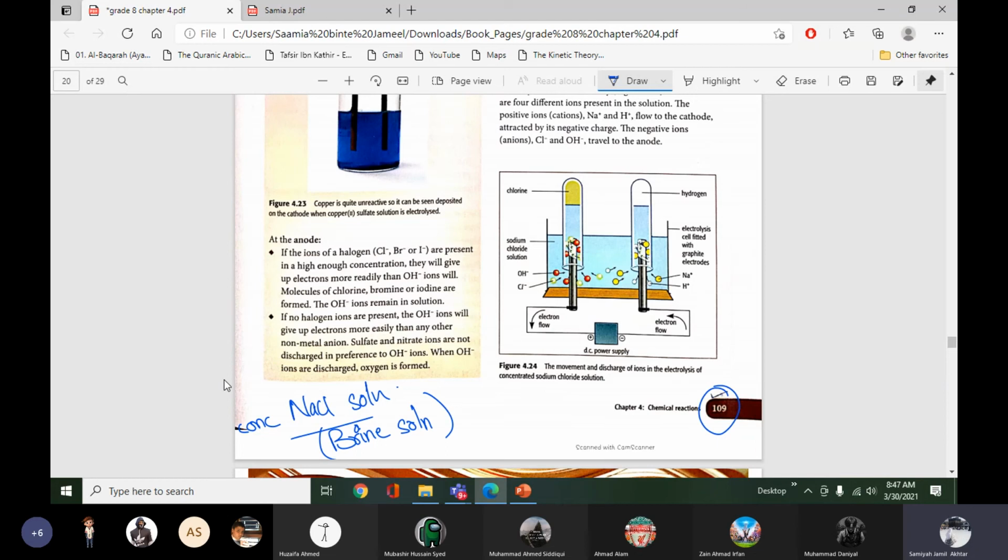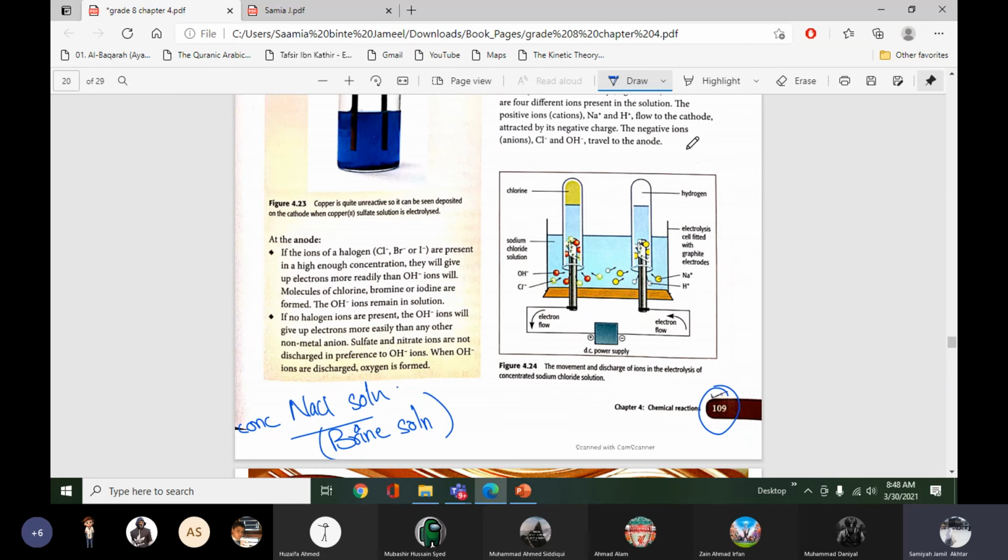That's how we set this up. The two electrodes are connected with the battery, and the two electrodes have two inverted test tubes to collect the gas. At the anode we will get chlorine gas, and at the cathode we will get hydrogen gas. These gases will be collected at the top of the inverted test tubes.